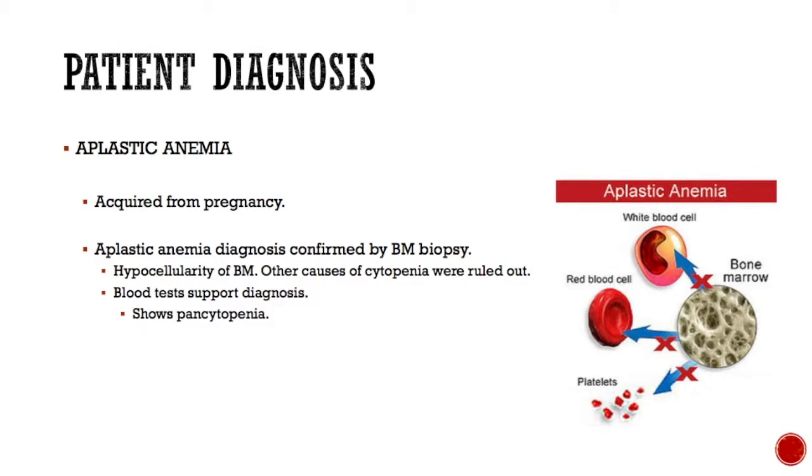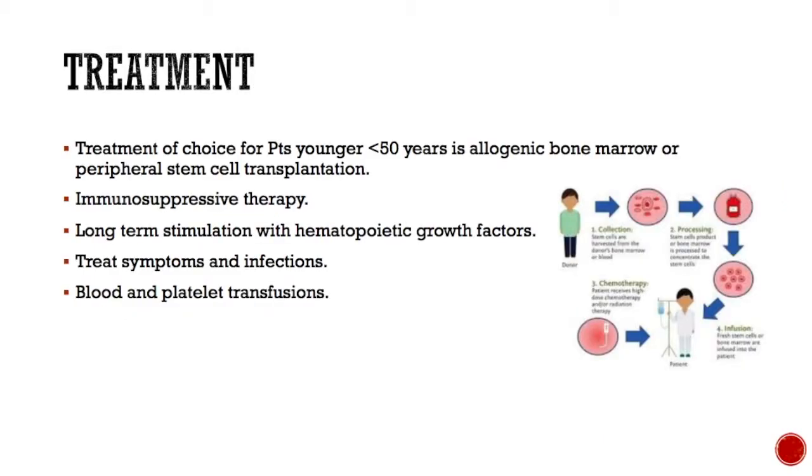In this case, our patient had all 3 types of the blood cytopenias. The patient was diagnosed with aplastic anemia that was acquired from pregnancy. The diagnosis was confirmed by the bone marrow biopsy because there was hypocellularity of the bone marrow, and other causes of cytopenia were ruled out.